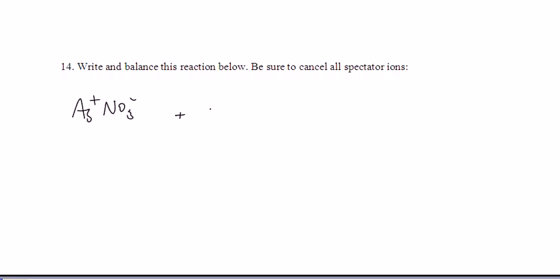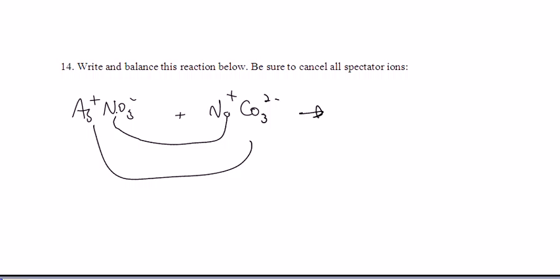Silver nitrate plus sodium carbonate. Swap, stick, there's your stick. So NO3- Na+. Whenever you write a nitrate, you're always going to see the ion for the nitrate because it's always soluble. Ag2CO3, cancel, cancel, cancel, cancel.